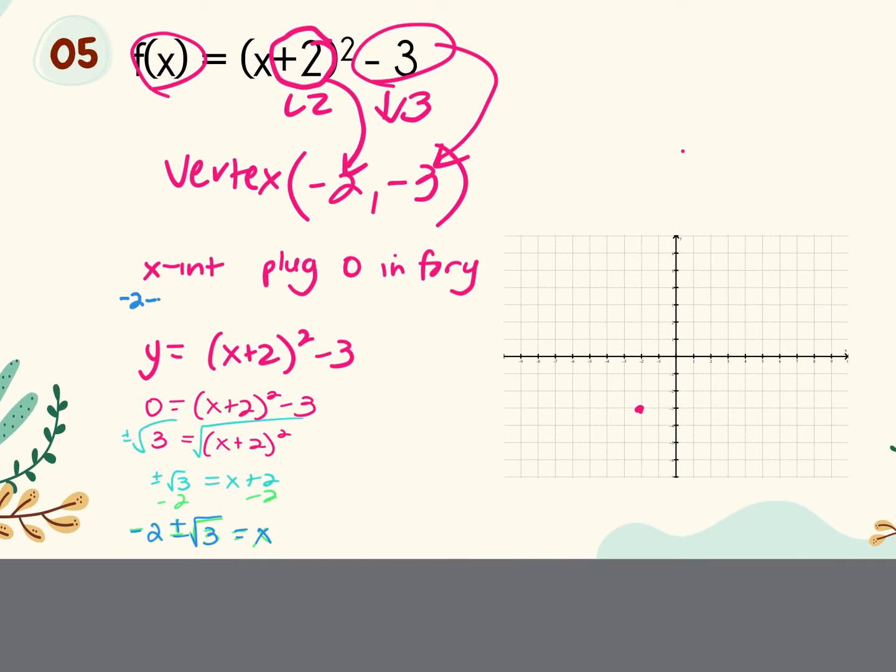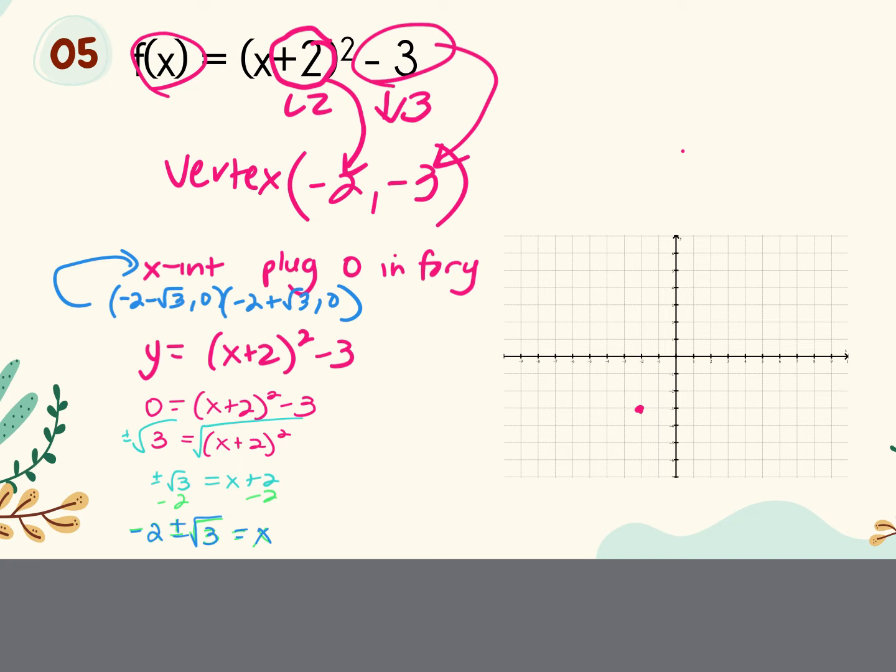So -2 minus square root 3, 0, and -2 plus square root 3, 0 would be the x-intercepts. Does the order matter? No. So now if I want to plot these, I have to approximate root 3, right? Root 3 we say is just smaller than root 4. So you're going to approximate it because it doesn't have to be perfect on your graph.